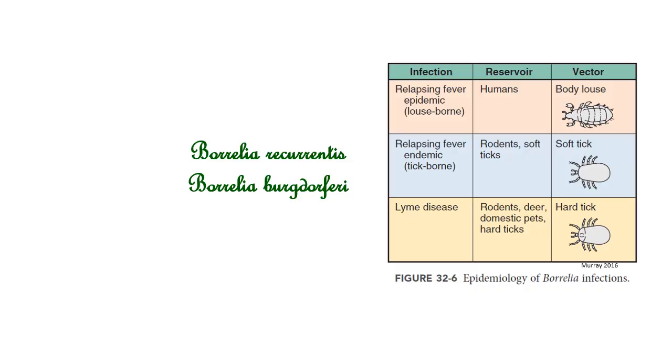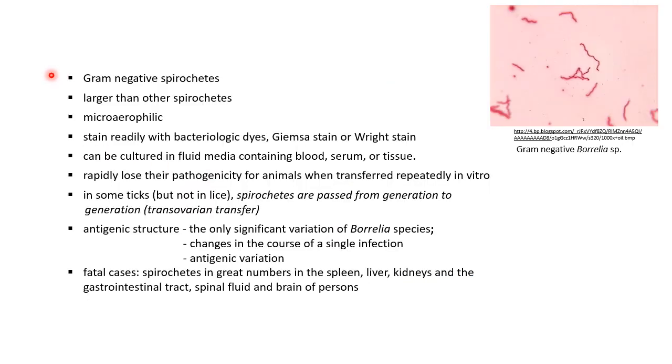We go to the last group of the spirochetes, the Borrelia group, and we'll be discussing Borrelia recurrentis and Borrelia burgdorferi. This is an interesting table showing us the diseases that we're going to take up, the reservoir, and the different vectors that are involved. Borrelia are gram-negative and larger than other spirochetes.